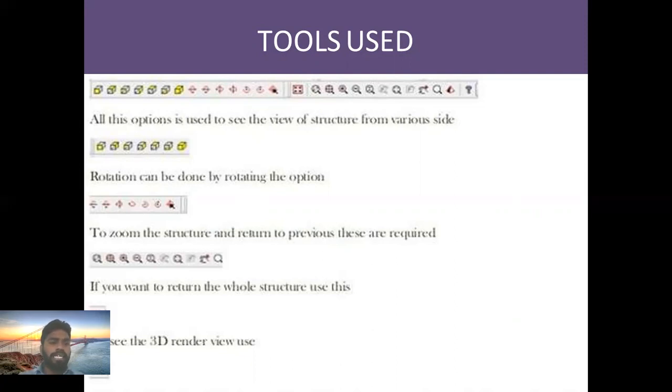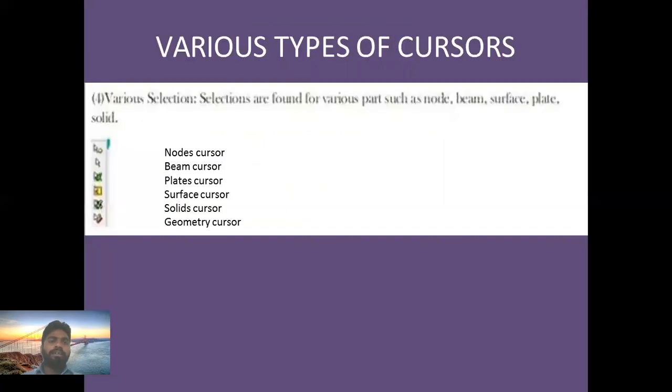The second is rotation, which shows the rotation of the structure. There are various zooming tools, tools to return to the whole structure, and there are various 3D rendering tools. Okay, so the main part is the cursor.